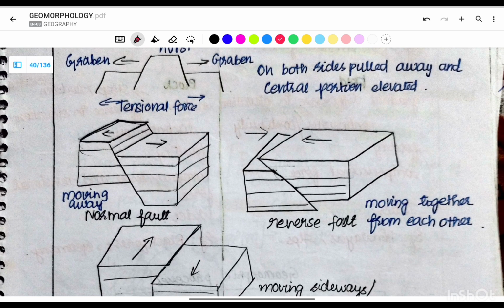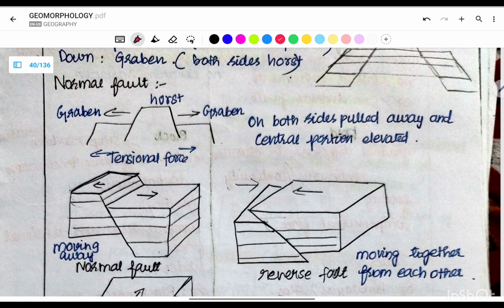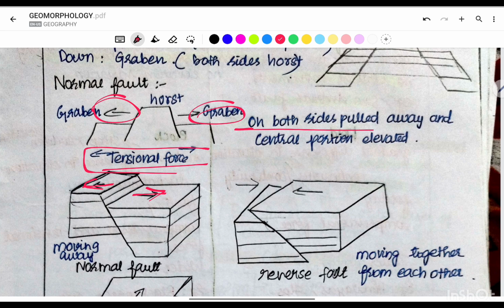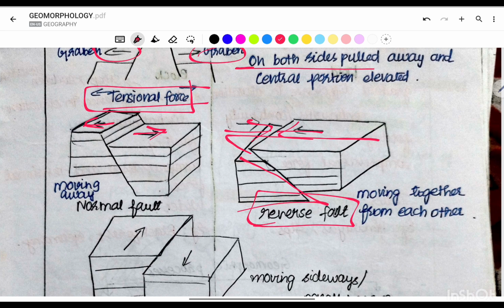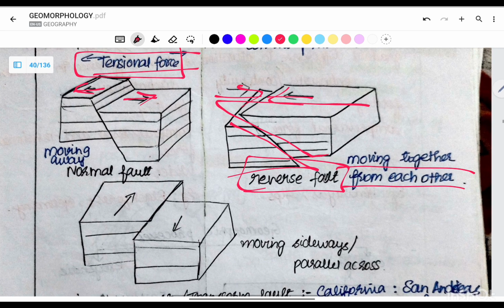We have the normal fault when there is a pull on both sides, when the tensional forces are acting in opposite directions. But a reverse fault is where one portion is subsiding while another is elevating, moving together.